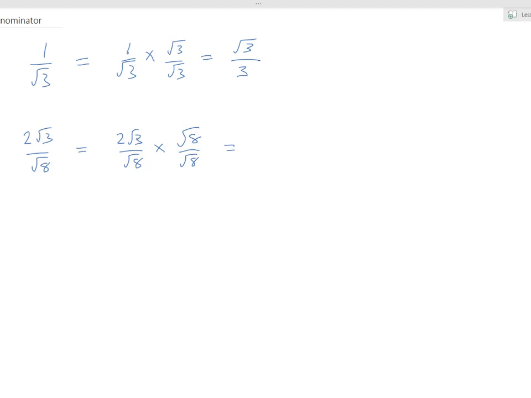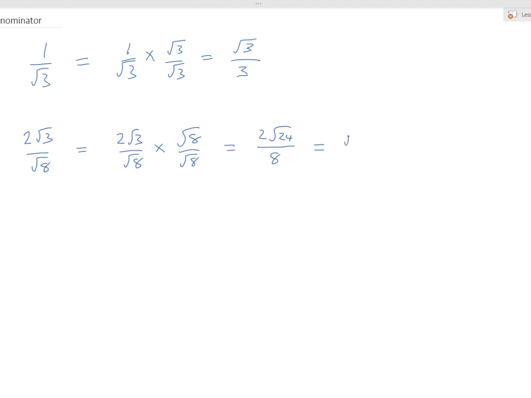Now on the top I got 2 root 3 times root 8. 3 times 8 is 24, so it'll be 2 square root of 24. In my denominator I got root 8 times root 8. Now we know if we multiply the same surd by itself, we get the number that's there. So 8.